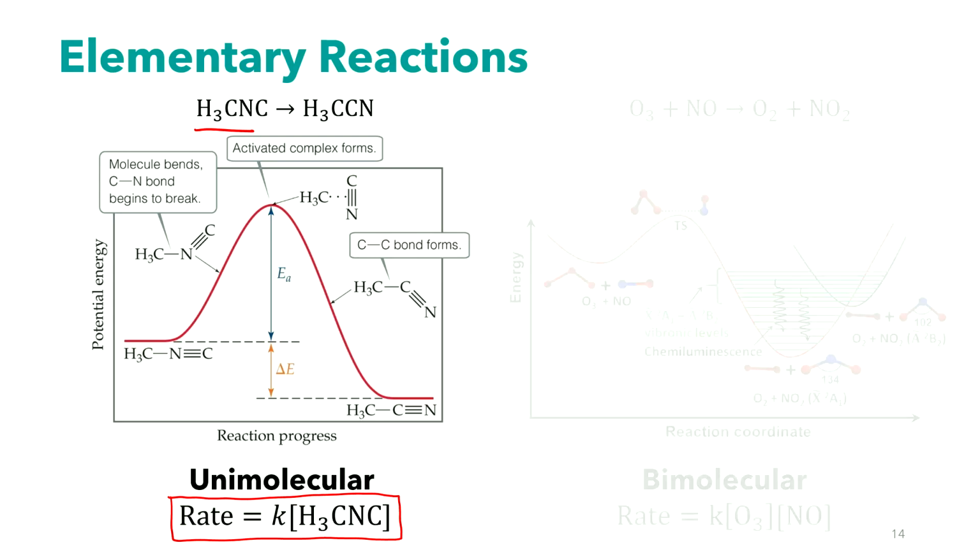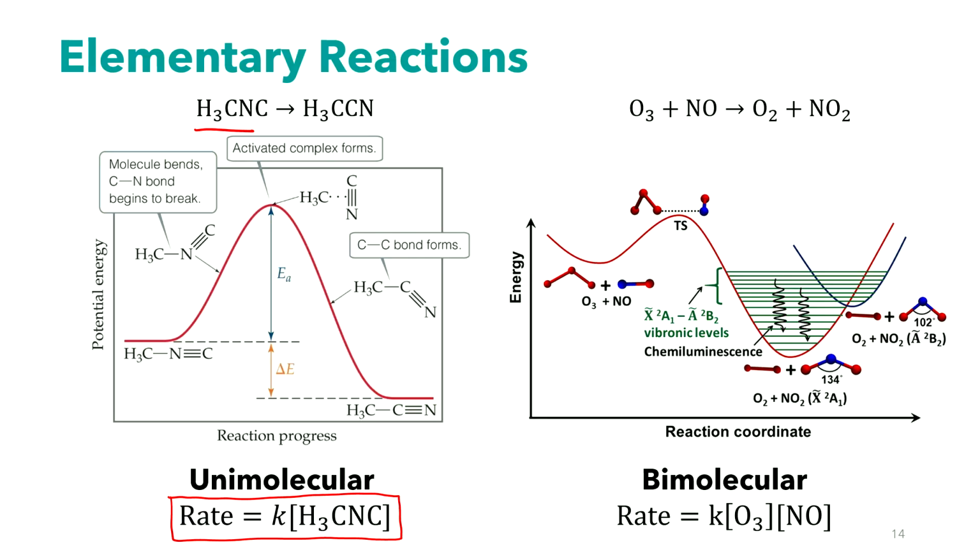If we are looking at a bimolecular reaction, this is ozone and NO, so O3 and NO. In this transition state, I'm waiting for these two to hit each other. That is the mechanism. Ozone and NO come together and hit and form O2 and NO2.